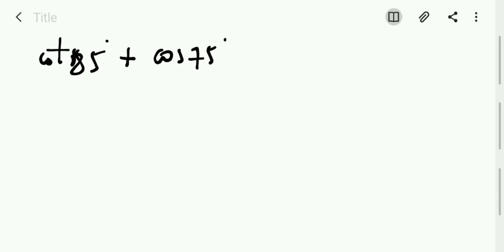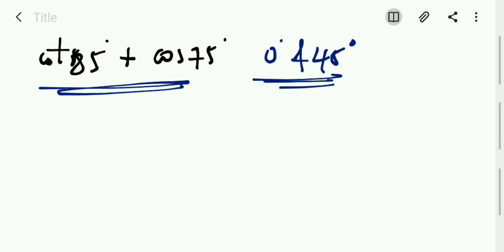Express these trigonometric ratios in terms of angles between 0 degree and 45 degree. So we need to express these trigonometric ratios where their angles lie between 0 degree and 45 degree.